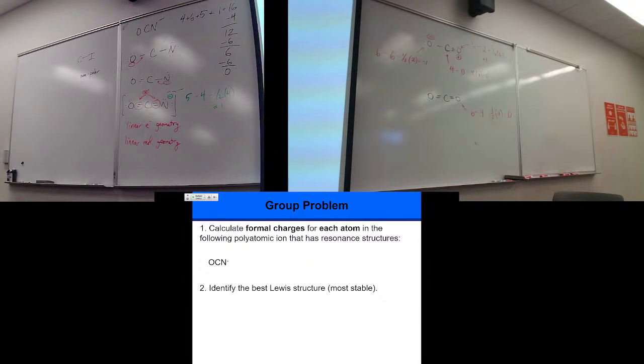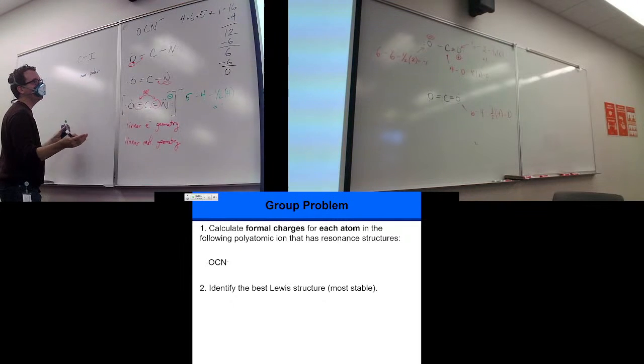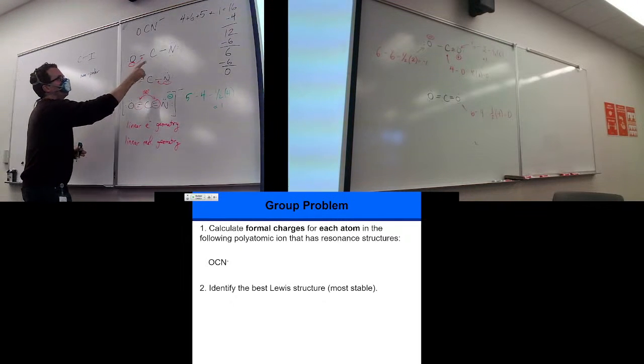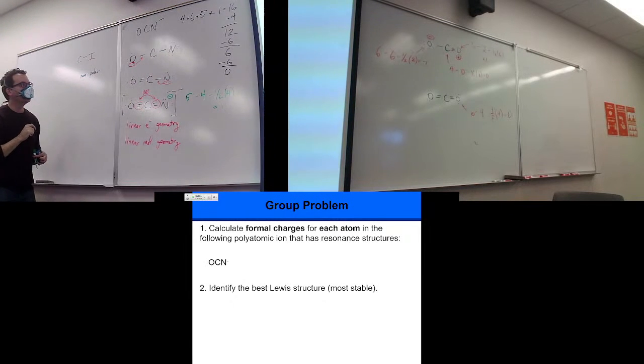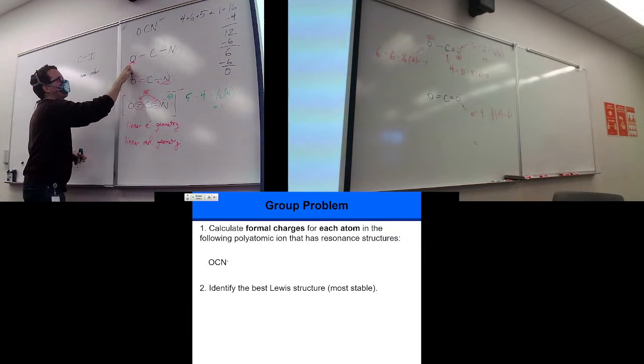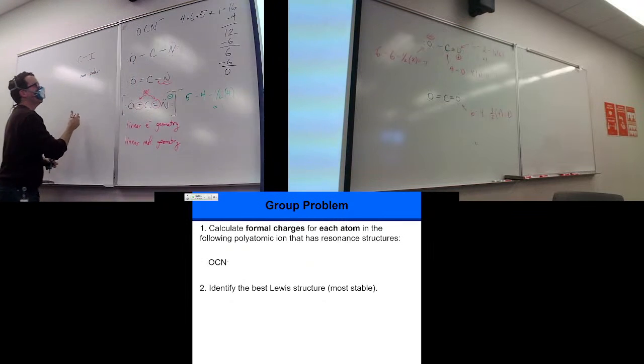What if I changed this structure a little bit? What if, instead of making it symmetrical, I made all of the electrons come from the nitrogen side? So go back to the original thing, and I'm going to move this lone pair here and this one here. So I'll make this.